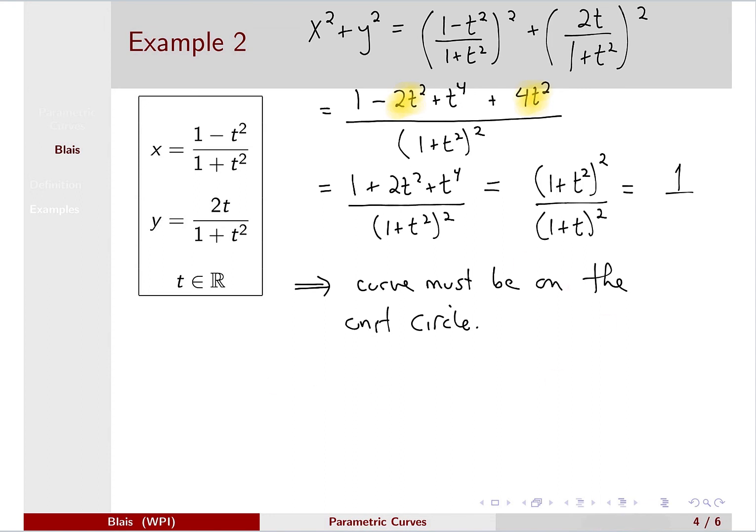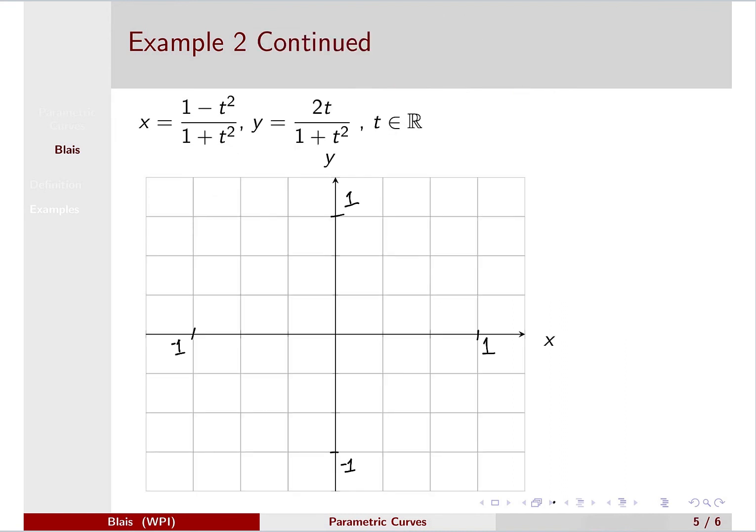Let's now consider examining what the parametrization actually looks like. So we know, again, as in the case before, that this curve has to at least be on the unit circle.